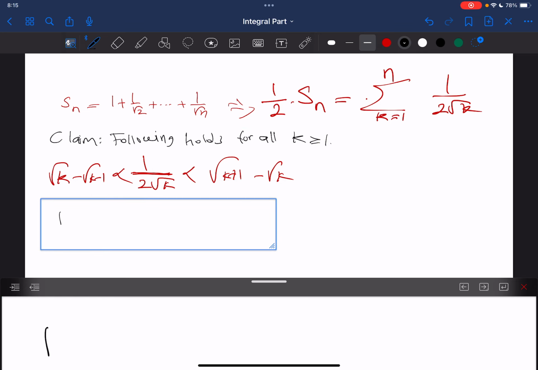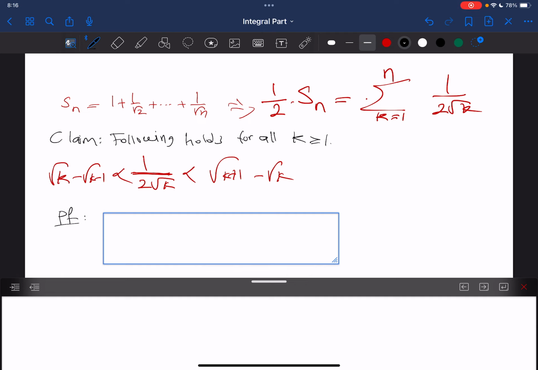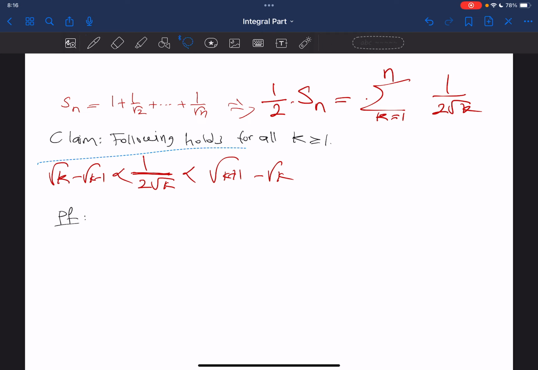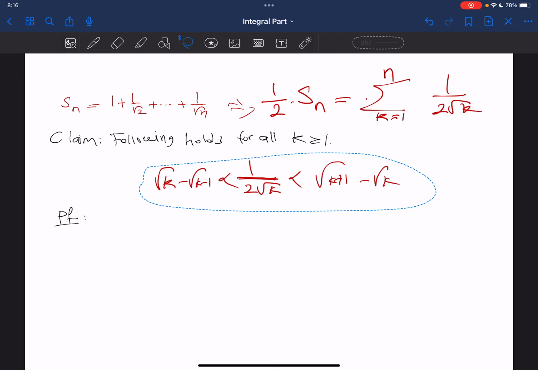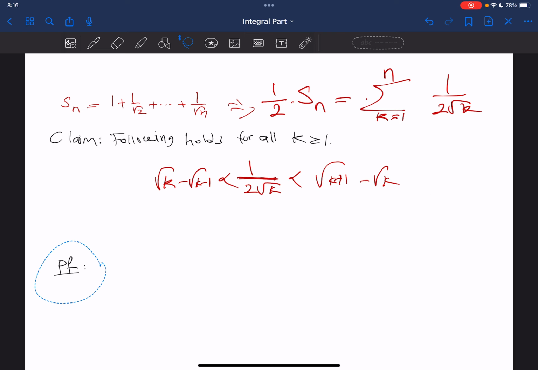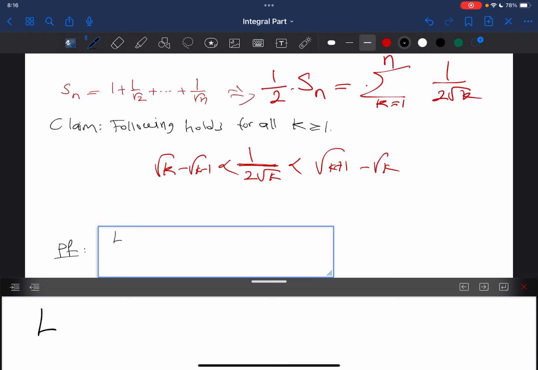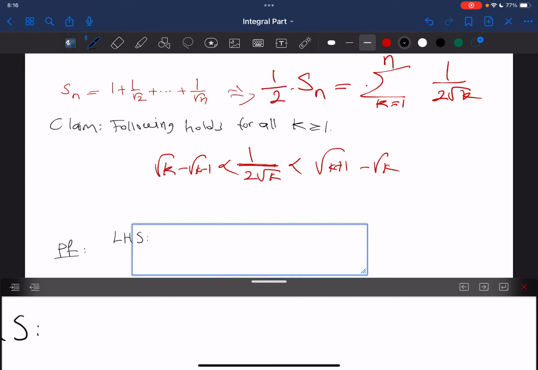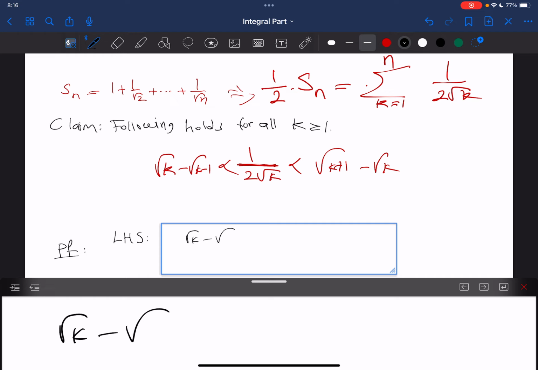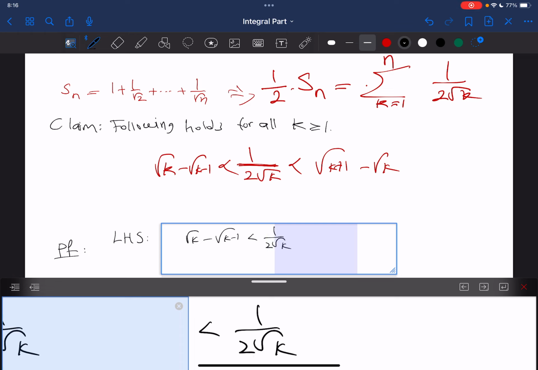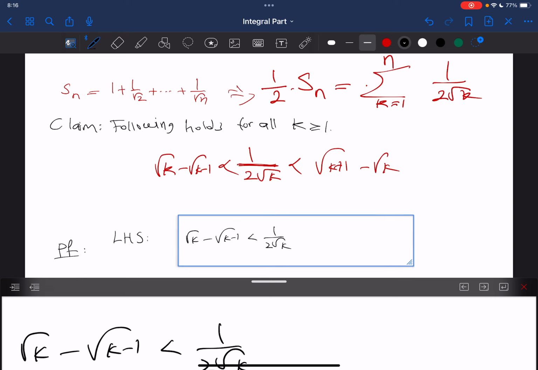So proof, what exactly do we want to show? Bring it here and bring it down. So let's start with the left hand side. We have root k minus root k minus 1 less than half of 1 over root k, right?